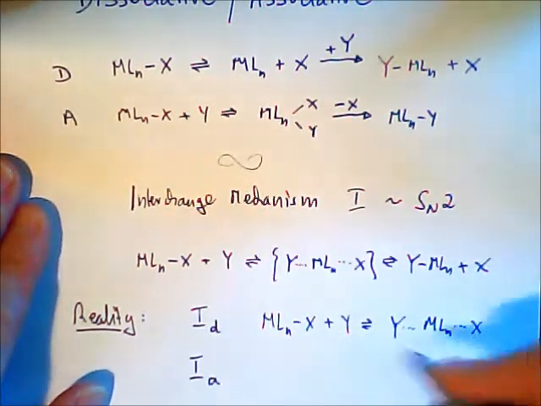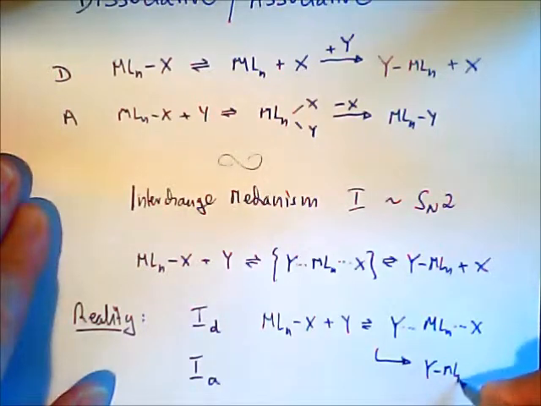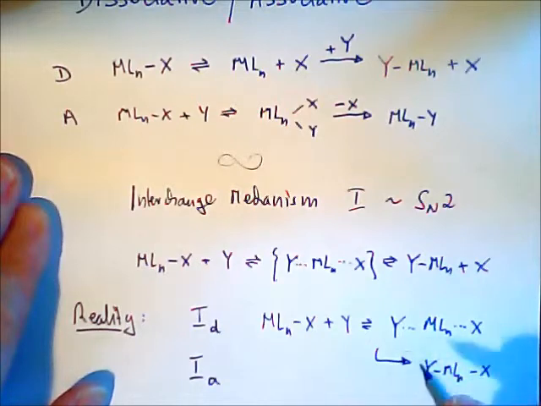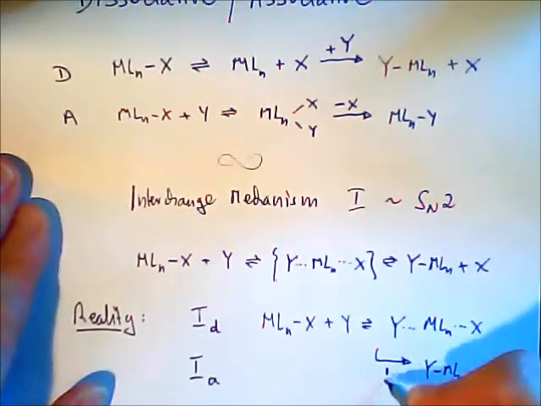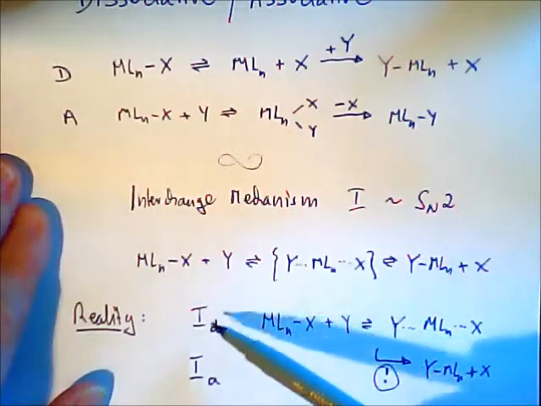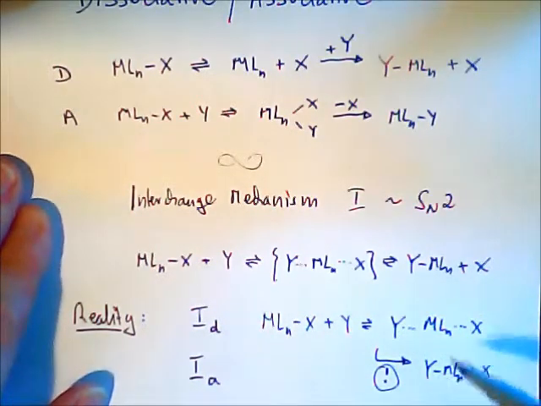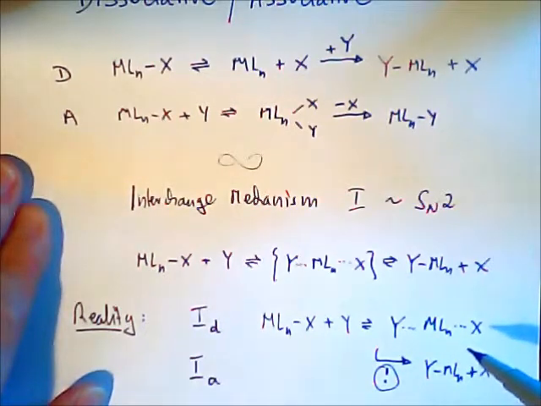And this loosening leads finally to the breaking of the metal-X bond. And this final step here, this is the critical step. This step determines the reaction rate, plus X. Again, in the ID mechanism, the rate determining step is the breaking of the metal-X bond.